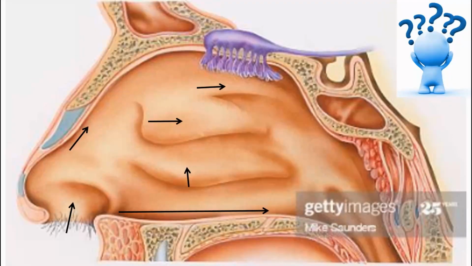The floor of the nasal cavity is the roof of the mouth, which is made by the maxilla and posteriorly by the palatine bone. Then we have the roof.